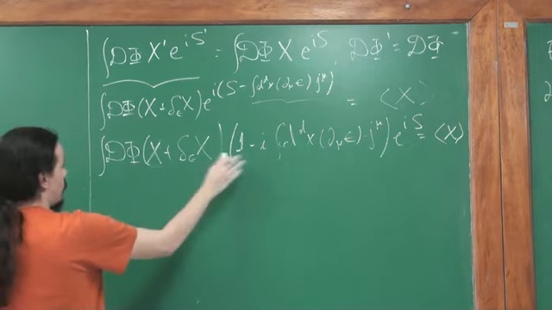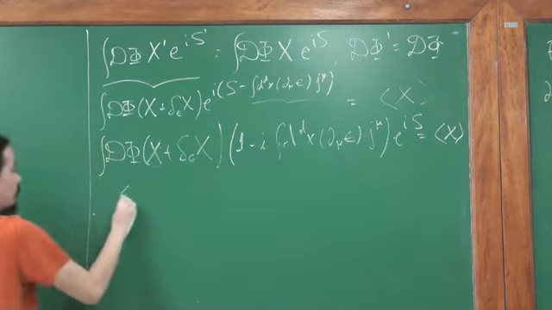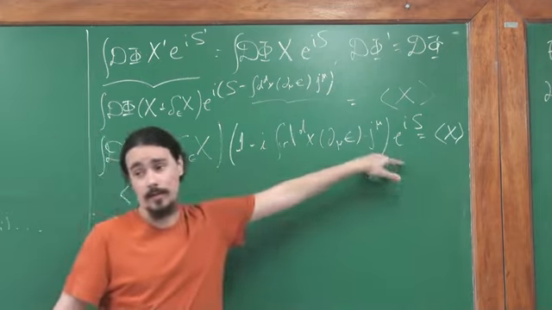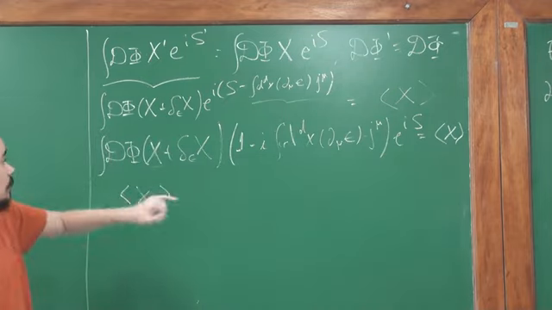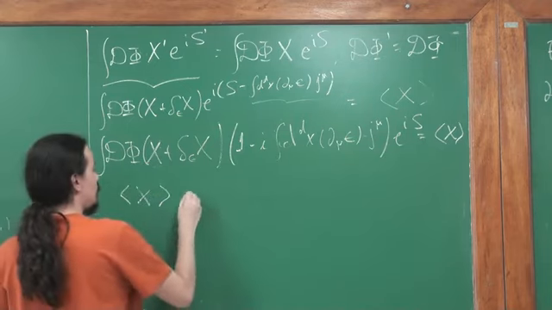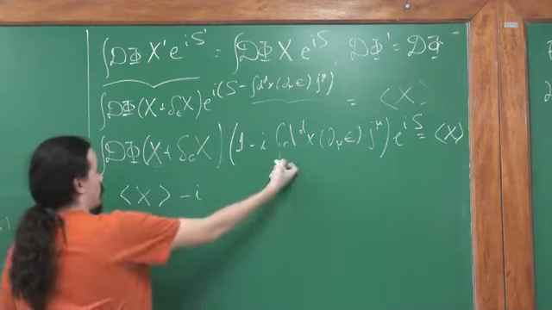This first term, this with this, just gives the original correlator. It's the original field with the original action. The second term will be this with this.